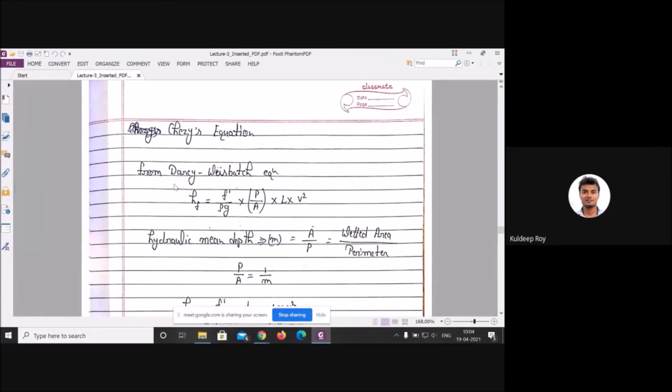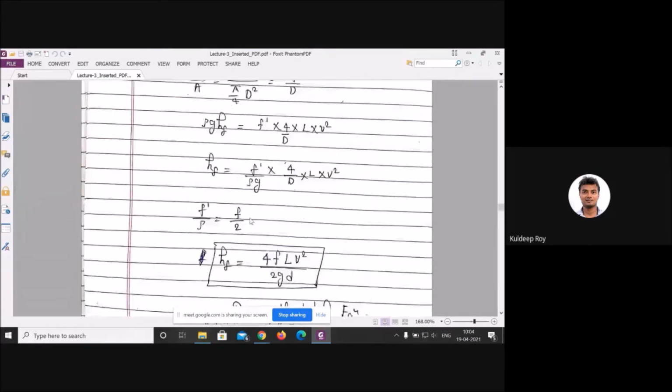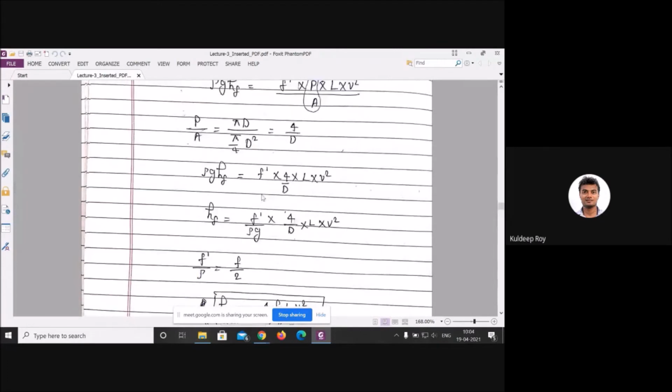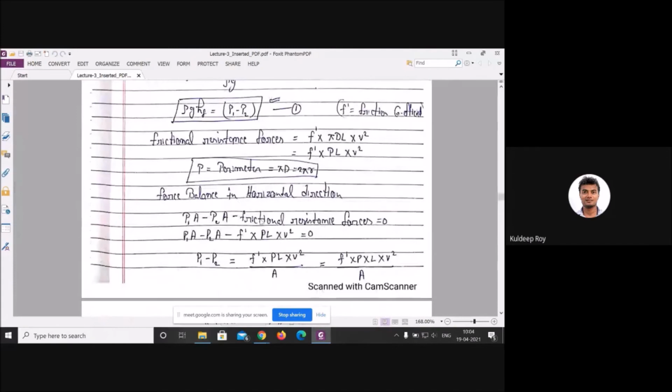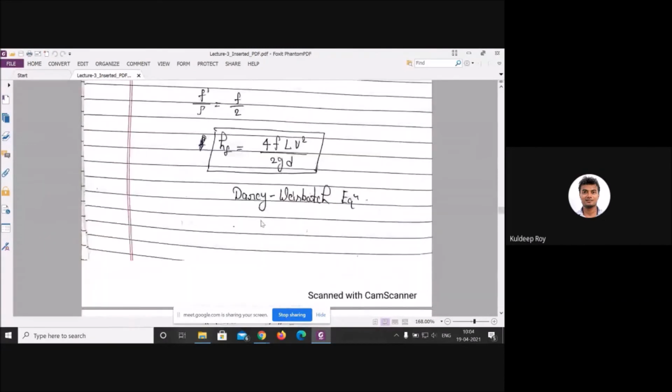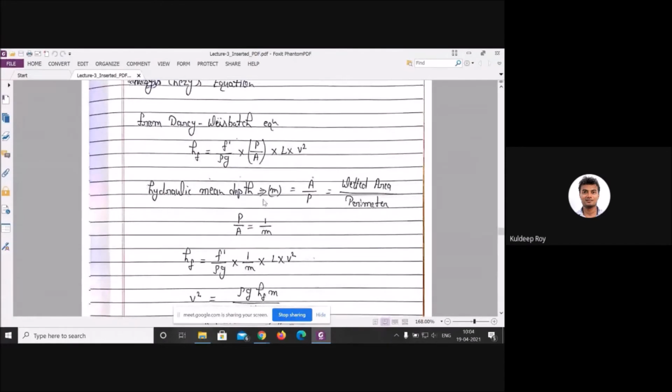First we did the same thing as we did in the Darcy case. Same formula: you have to apply Bernoulli's theorem first of all. Same forces will be applicable, but he has given another term, called the hydraulic mean depth.